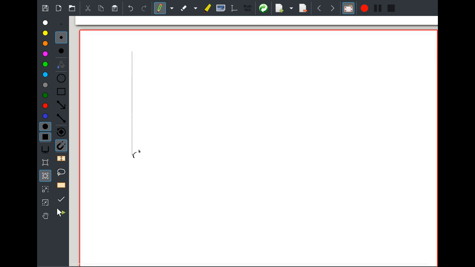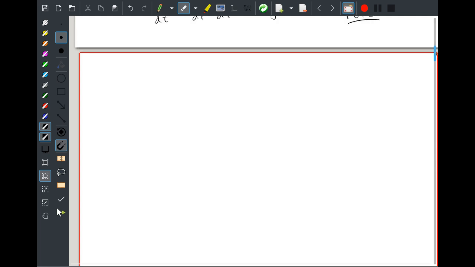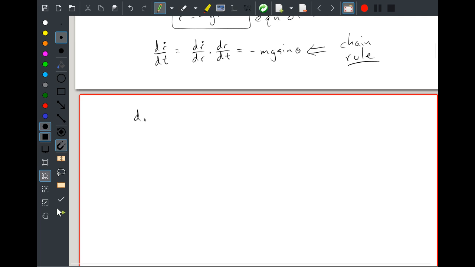So that means that r dot d r dot is equal to negative g sine theta dr. So I can integrate from r dot 0 to r dot and r0 to r, and I end up with 1/2 r dot squared minus r dot initial squared is equal to negative g sine theta times r minus r0.